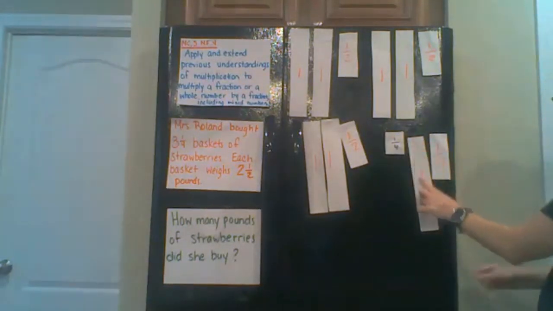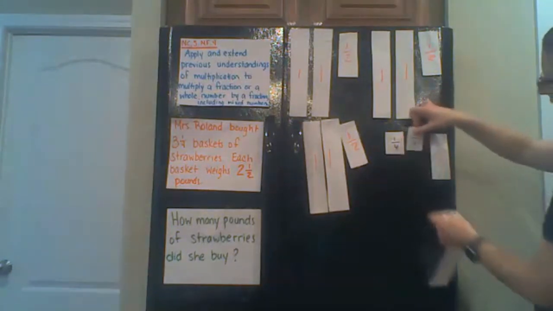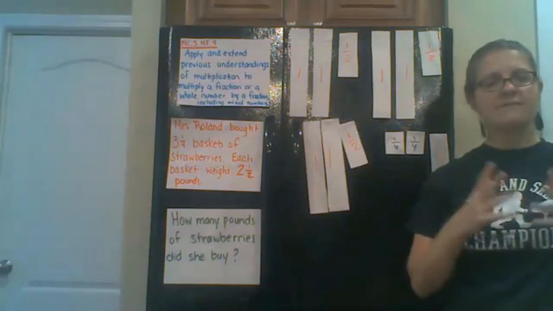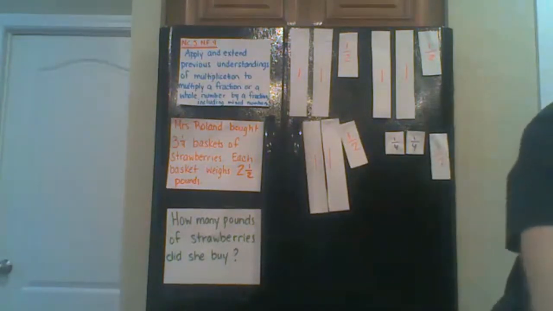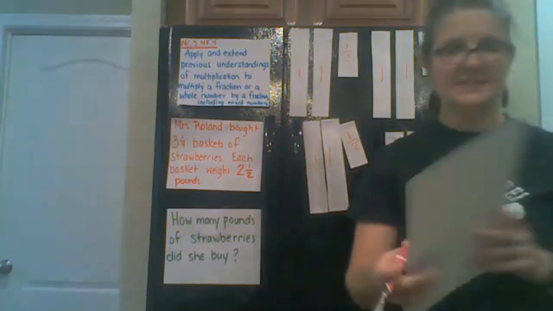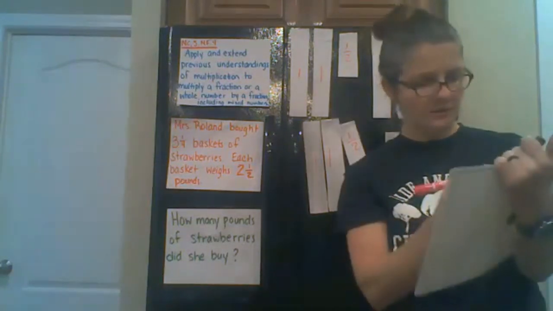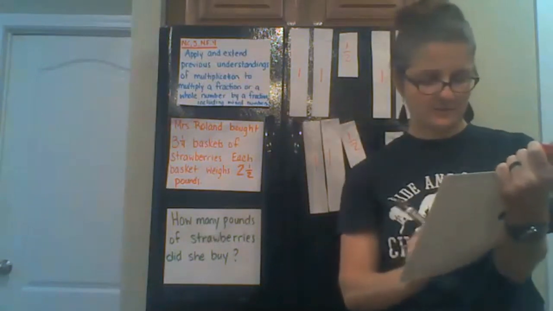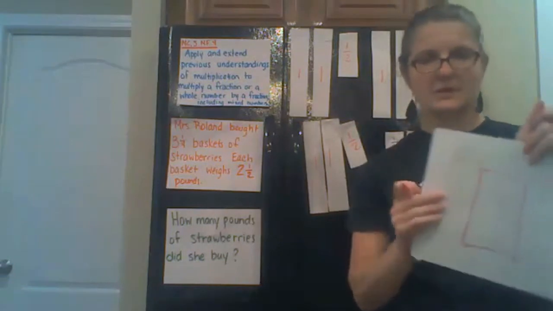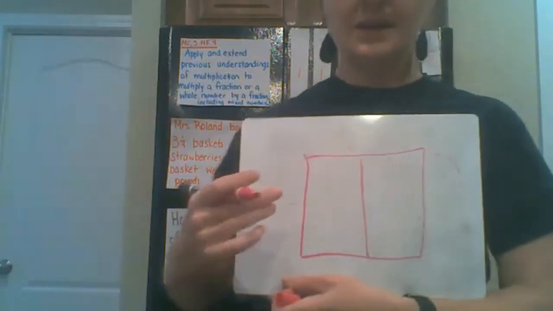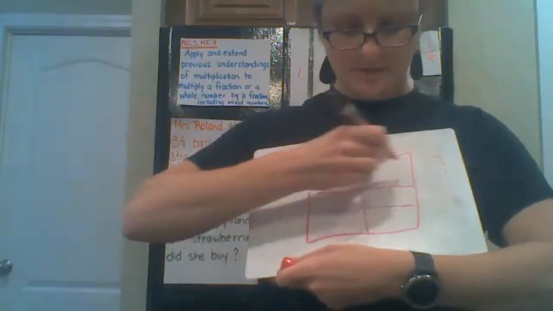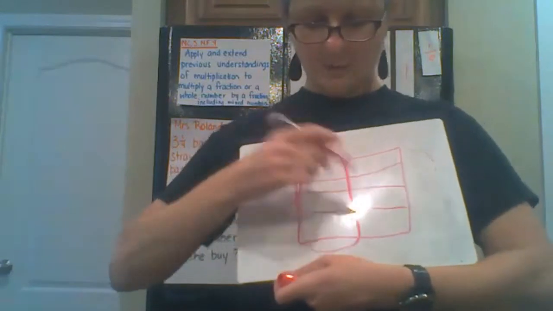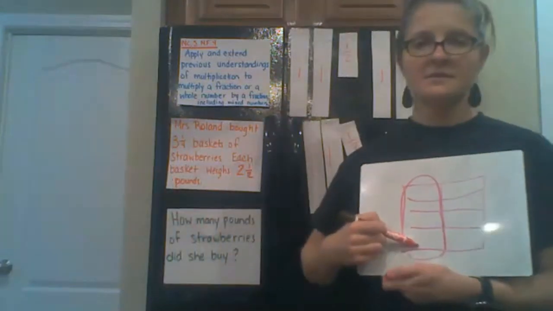All right, same thing goes for that. So now I've got to figure out what 1/4 of the half would look like. So let's see. If I draw a model for 1/2, okay, and I split it into 4 parts, then 1/2 is the same as 4/8.